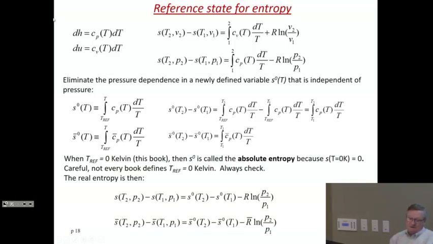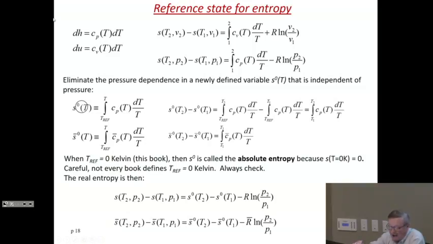Which then leads us to a shortcut, and that is we are going to define a reference state for entropy. This is a bit of a complicated view graph, but the reason is that I simply copied what we had in the previous view graph at the top so that you can watch what happens. What we do to create a convenient table for entropy for gases is we define some reference entropy at some reference pressure, and we define it so that it only takes the first term in this equation, which is a temperature-dependent term.